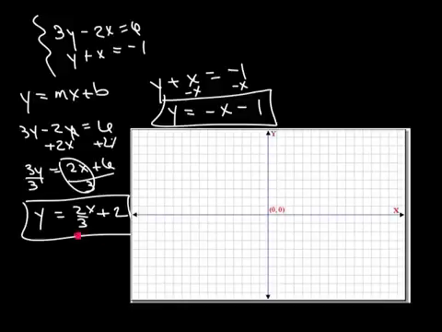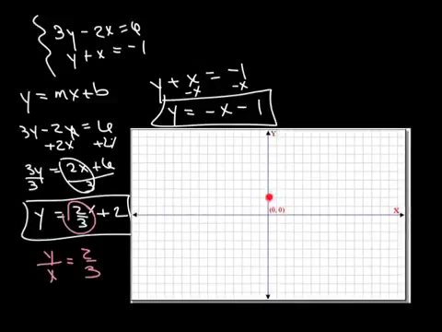So let's graph this one down here first. The y-intercept is 2, the slope is 2/3. So if the y-intercept is 2, that means it crosses y right there at 2. And then the slope is 2/3, and if you remember, slope is y over x, so that is 2/3. So from my y-intercept, I go y and then x to find my next point.